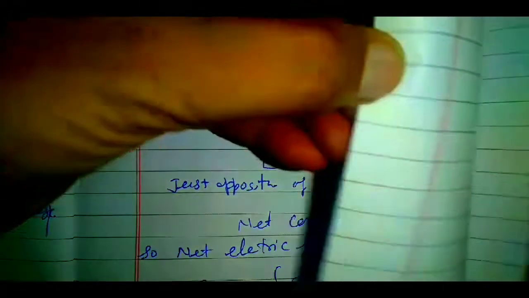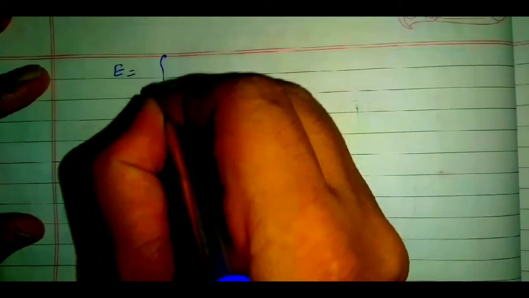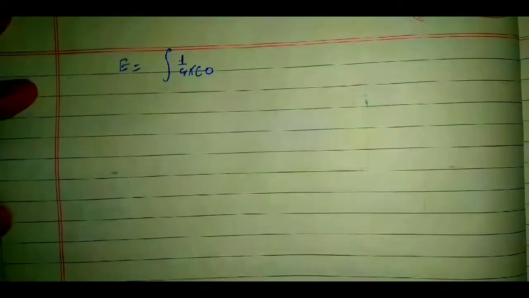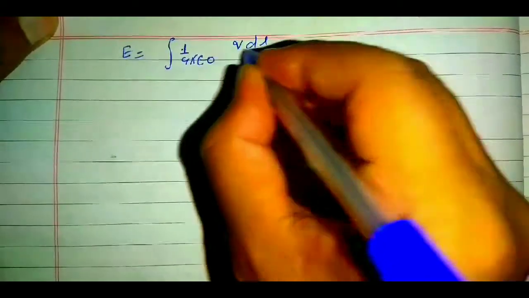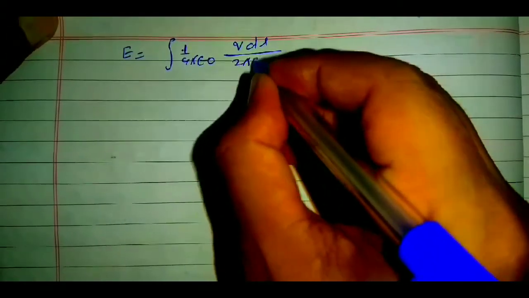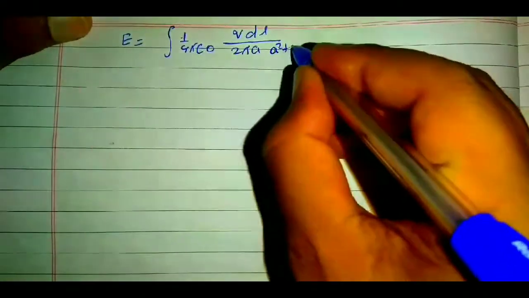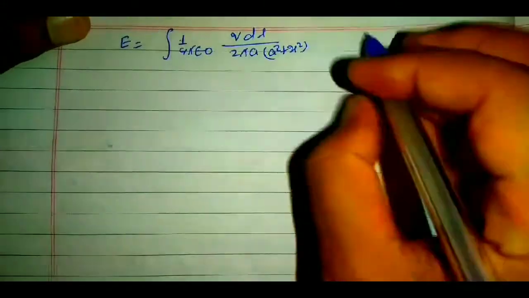Now see in the next page to complete it. E is equal to integral 1 upon 4 pi epsilon 0, q dl by 2 pi a, upon a square plus x square.